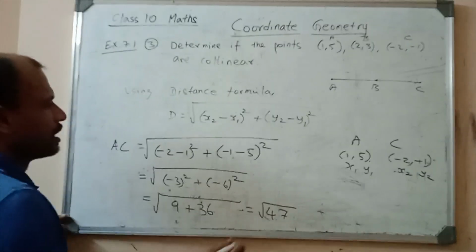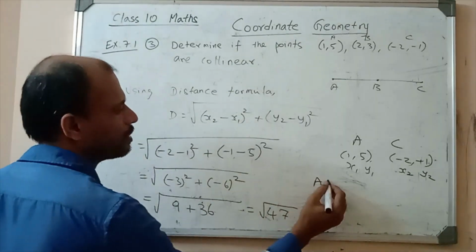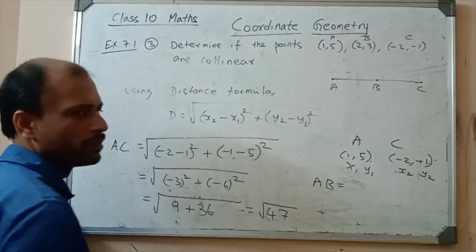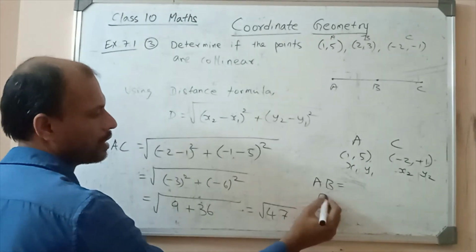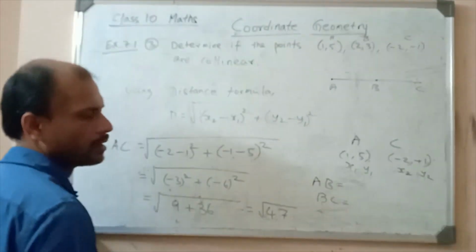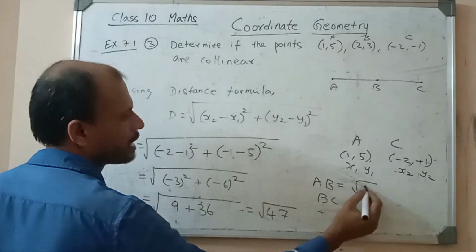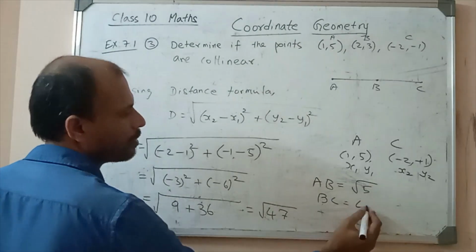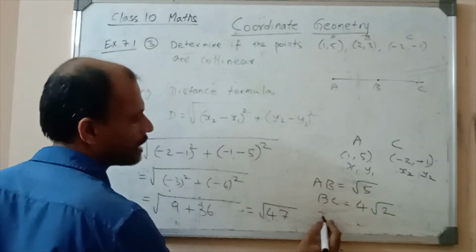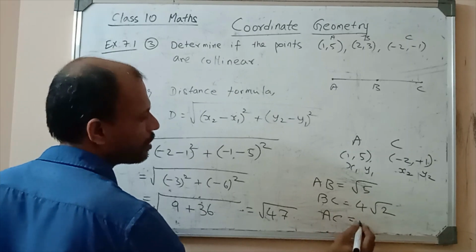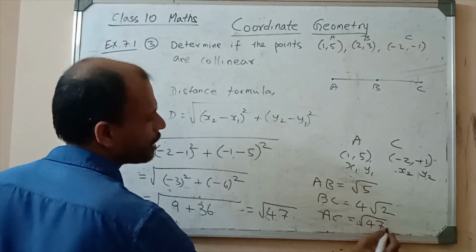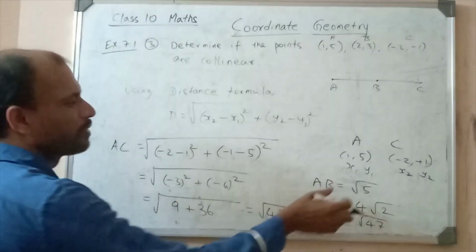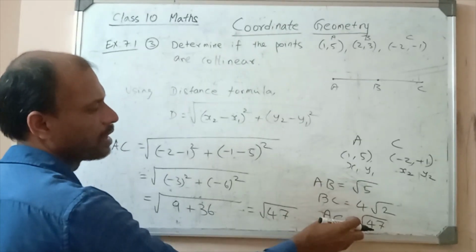Now if you see what we got: AB is what? Root 5. BC is 4 root 2. And AC is root 47. See, the sum of any two sides should be equal to the other one.